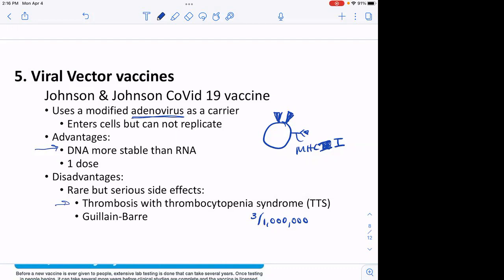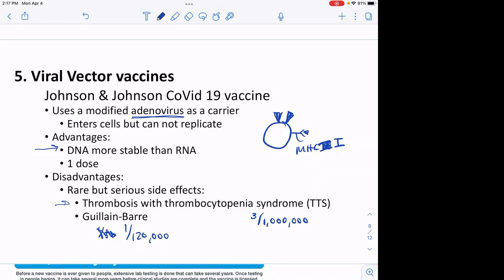This Guillain-Barré is a little bit more common, about 1 in 50,000, I think. Let me double check that. Oh, no, 1 in 120,000. And Guillain-Barré can be a potential side effect of any viral infection.